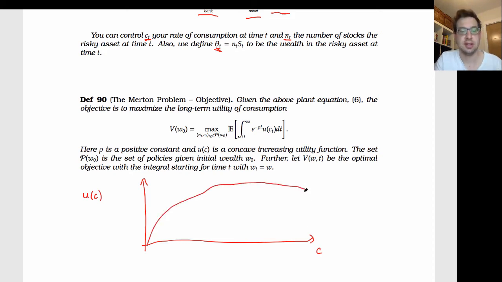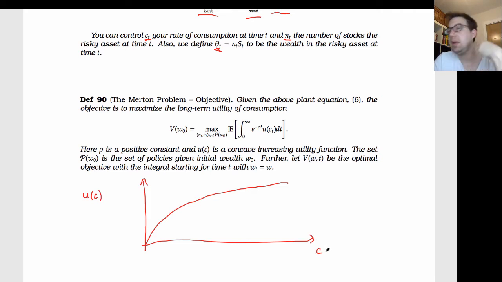That's not the best drawing that I have ever done in my life, so let me try one more time. Okay, there we go. That's a good picture. So the idea is that as I increase my capital, then utility, meaning the sort of benefit that I get from having that money, increases. So that's natural.